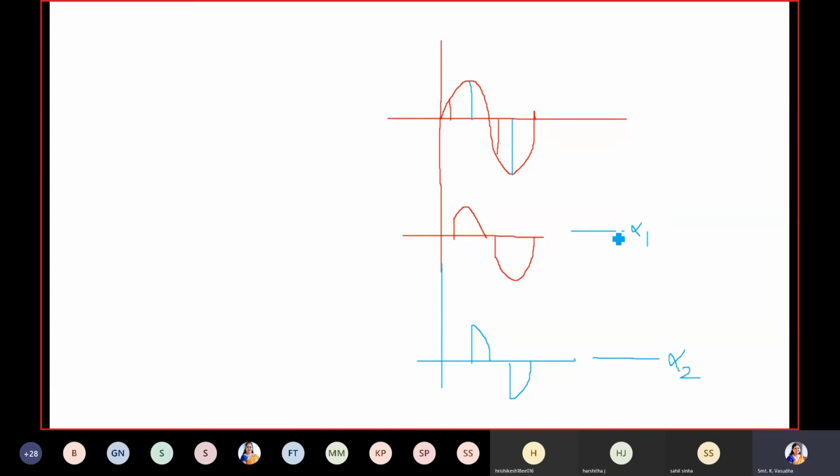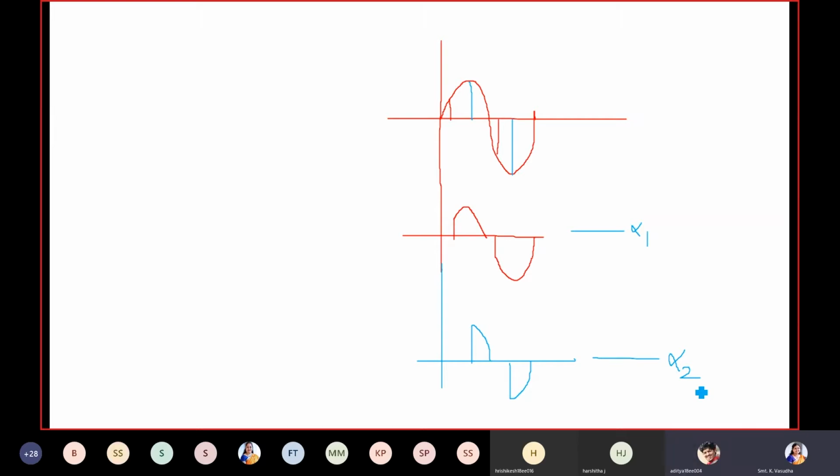Now, when alpha 1 is given to the triac, whether its conduction period is more, or when alpha 2 is given, the conduction period is more? Conduction period in the sense on period of triac.